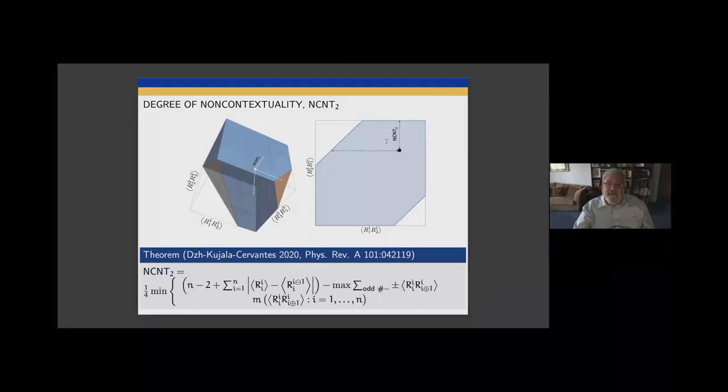Of course, there is one slight complication here. I forgot to tell you that this polytope is being circumscribed by a box, and the endpoints of the box are determined by the single variable expectations.